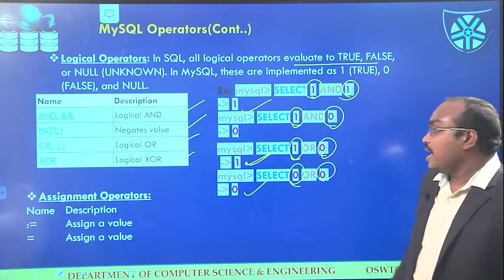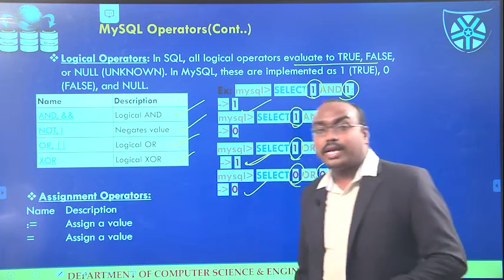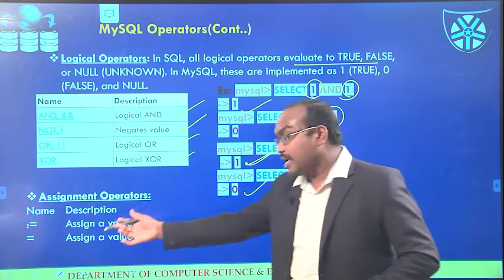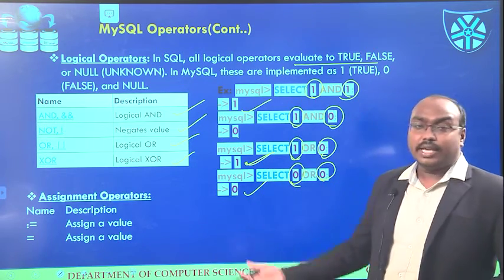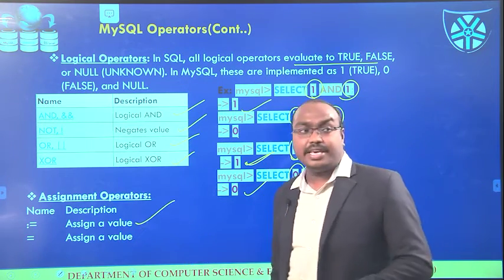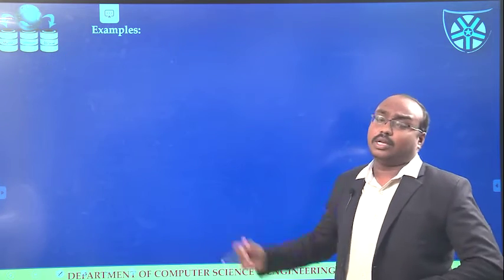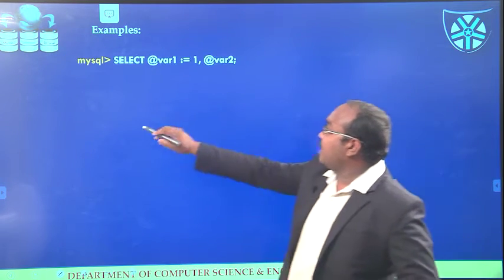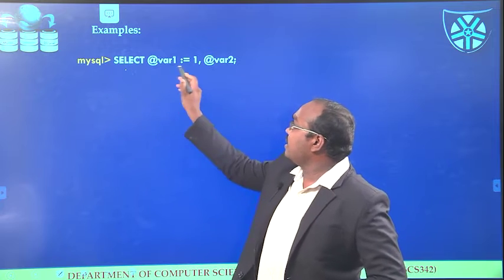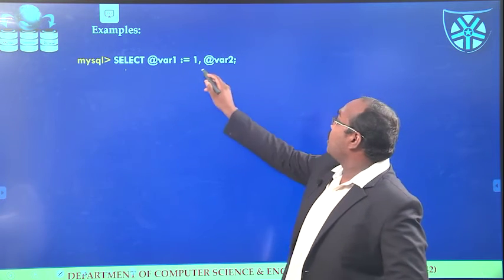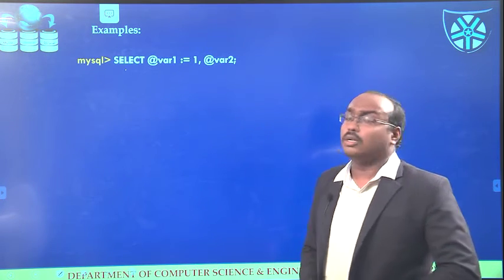And the next one, assignment operators. Here we are using two operators, equal and colon-equal. Both are used for assigning values. I will show one example. The statement: select @var1 := 1, @var2.